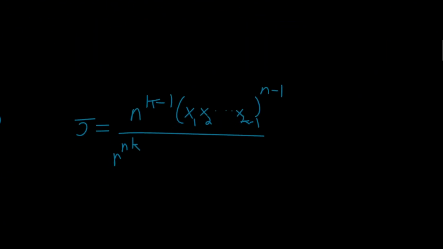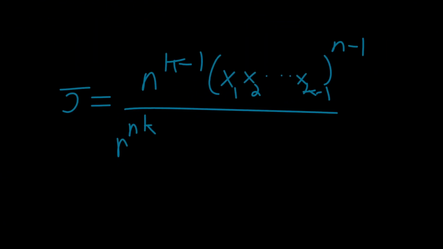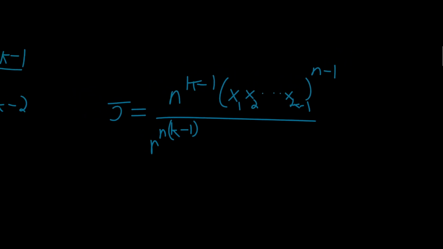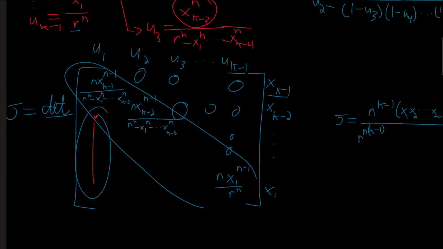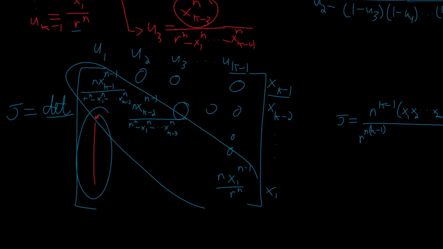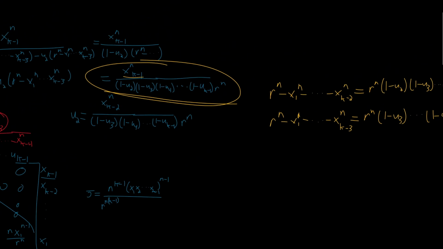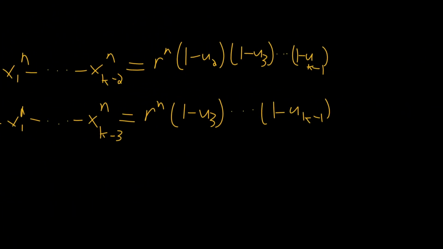I'm sorry, I do apologize. That it is being multiplied by itself k minus 1 times. I do apologize. And then for each term in the denominator, we have r to the n minus x1 to the n, and so on, multiplied by all that, meaning that we're just multiplying all these terms together, and you'll see that a lot of them are the same.